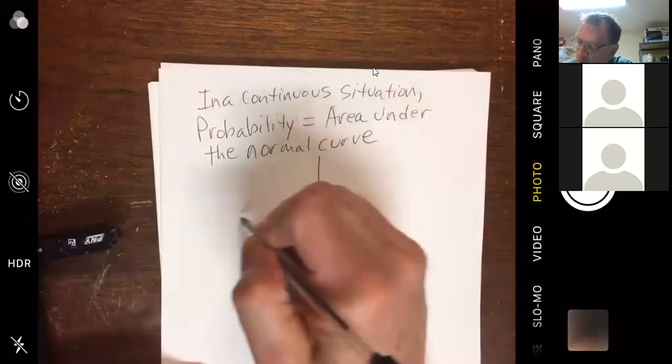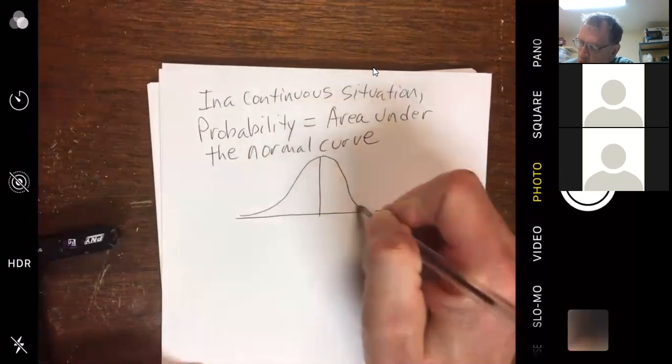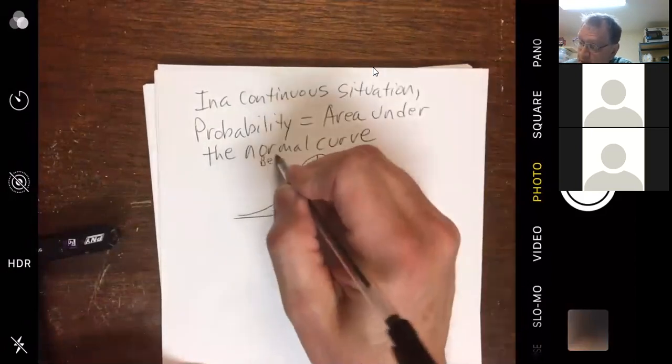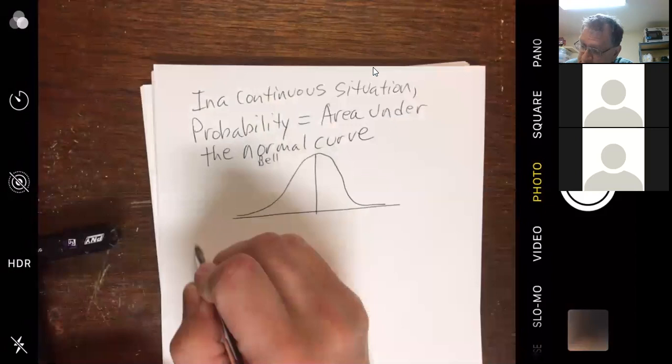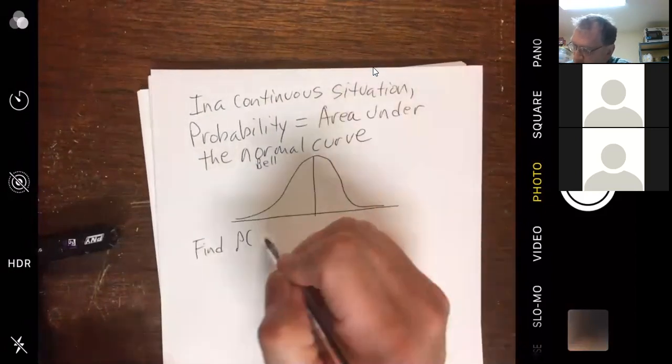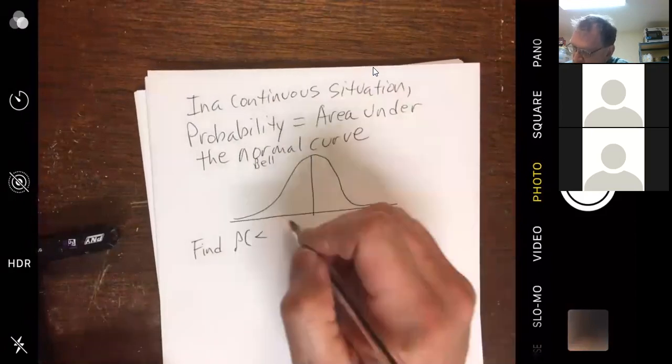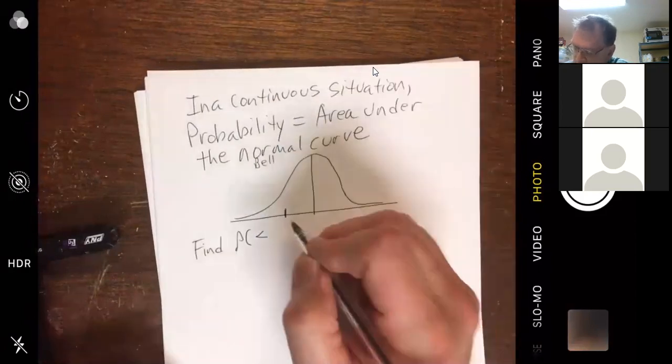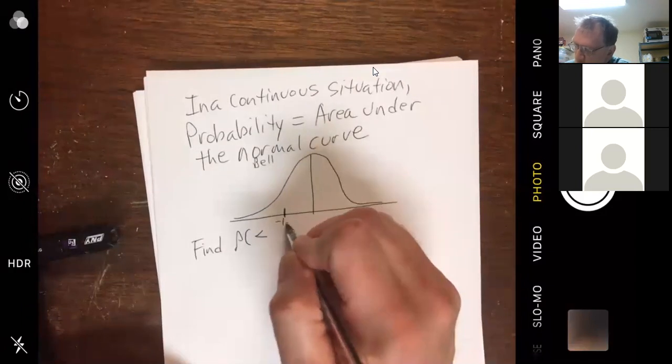So in the book and in my lab, they're going to give you your normal curve or bell curve. And they'll ask, find the probability that you're less than, I'll give you some number here, negative 1.1.